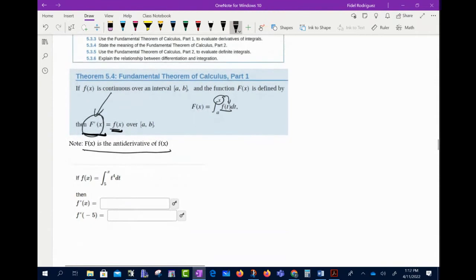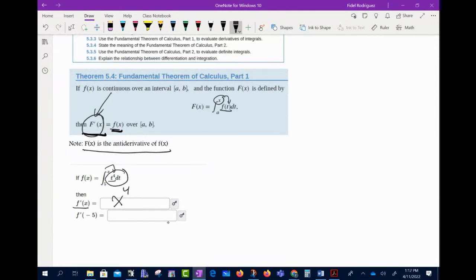So this is all you're doing in these problems, y'all. In all these problems, this part right here is going to give me the derivative when I evaluate it by plugging in that top limit of x. So F prime of x would just be x to the 4th. All I'm doing is plugging in the x right here, and that's telling me the derivative.